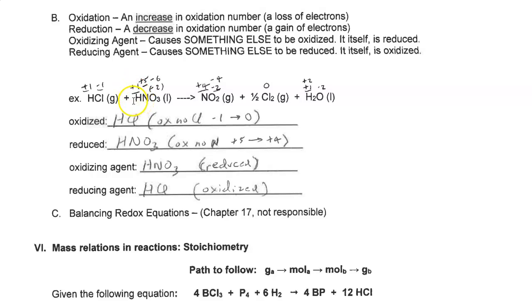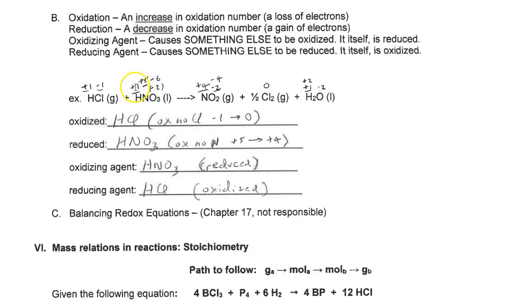Do I have a rule for nitrogen? No, I don't have a rule for nitrogen, so we're going to skip it. Do I have a rule for oxygen in a compound? Yeah, I know it's -2. That's why the -2 is sitting right here. How many oxygens do I have? Well, I have 3 of them. So if I have 3 of them at -2 apiece, that's a total of what? -6.